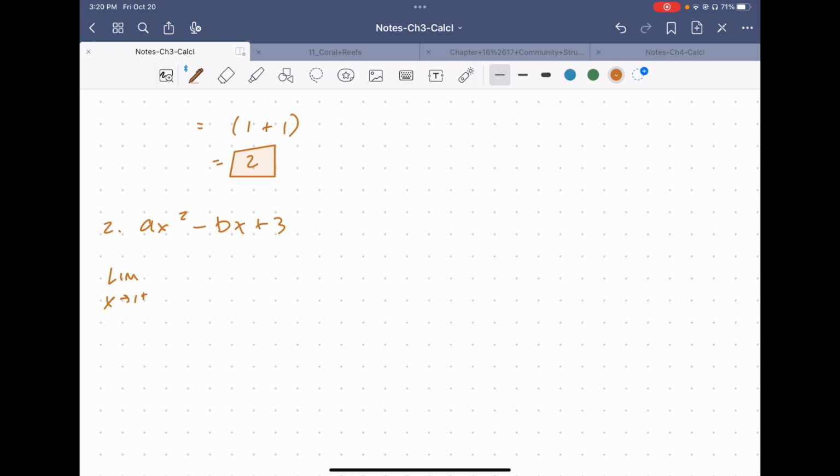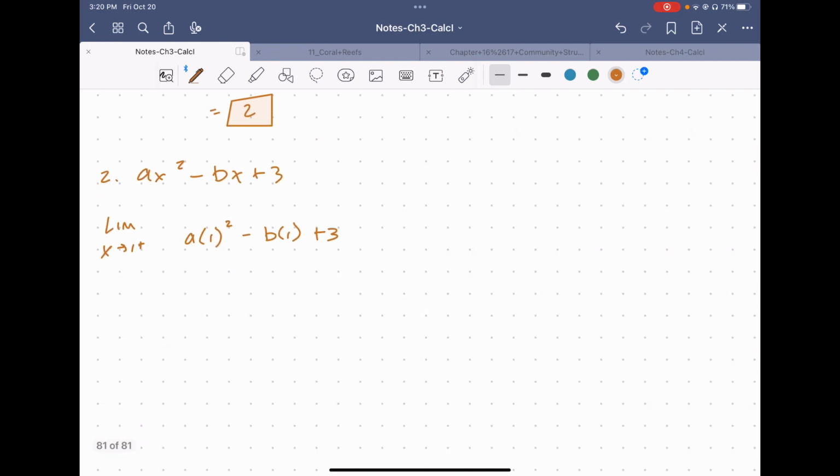Now in this case, we're not in danger of there being a 0 in the denominator or any other thing that might prevent us from just plugging in initially, because we have a polynomial right here, so we can just go ahead and plug in our values. Remember, we're plugging it into the x, not the a or the b. So we plug in a times 1 squared minus b times 1 plus 3. And that will give us a squared minus b plus 3.